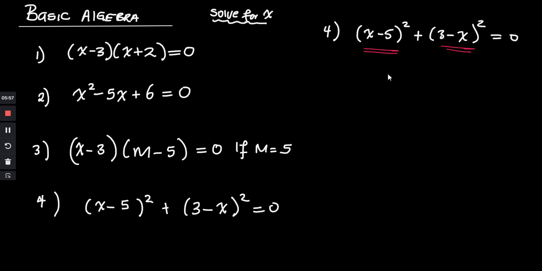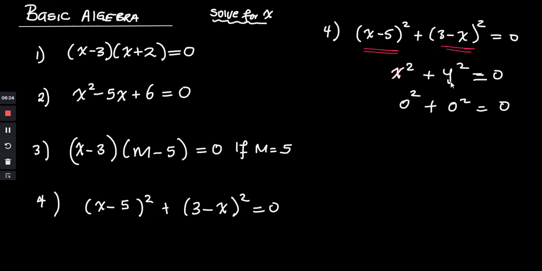What do I mean in this case? If I have this bracket as x, so I have x squared, and say this bracket was y, plus y squared equals 0. The only case whereby I could have the 0 solution is whereby this bracket is 0. So when x is 0, I have 0 squared, which is 0. And then this one will also have to be 0, so that I have 0.